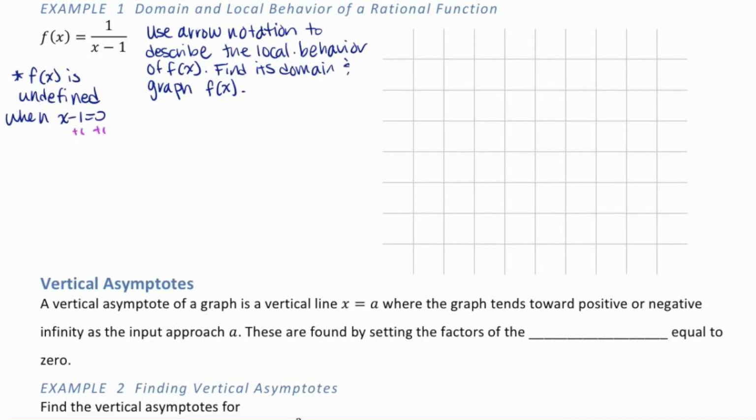If we add 1 to both sides, we see that this is undefined when x equals positive 1. So this tells me its domain is the set of all x such that x does not equal 1. It can also be written as negative infinity to 1 with a union, then 1 to infinity.